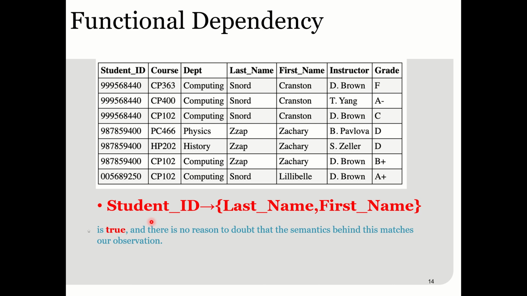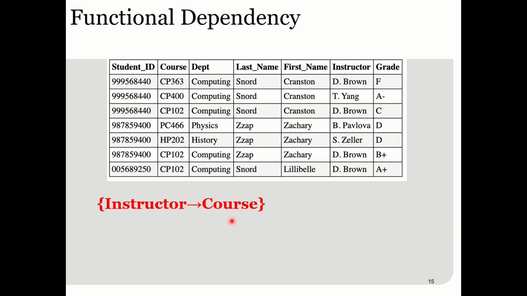So you will get a table with SNORD Cranston, then this one with Zachary, and this one with SNORD Lilabelle, right? So it would be a perfect table, so we will not have any issue. So this is true. The student ID is functionally dependent on last name and first name, which is a true statement.